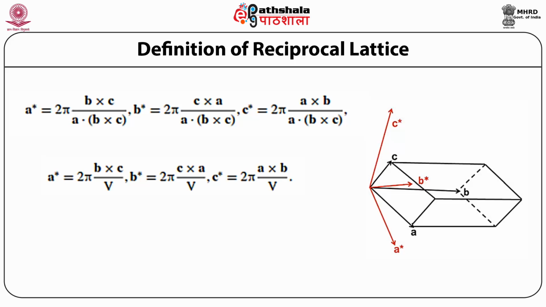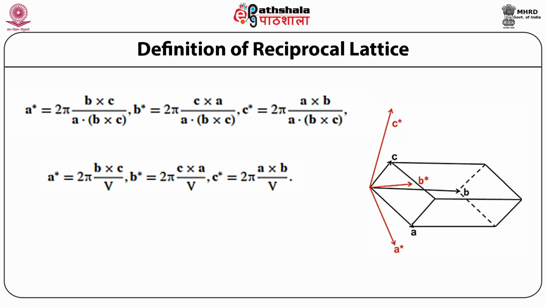So what would be the direction of this reciprocal lattice vector? You can see A star has the direction of B cross C, because A dot B cross C is a volume, a scalar quantity. So B cross C means it will have direction perpendicular to both B and C. So that will be the direction of reciprocal lattice vector A star.